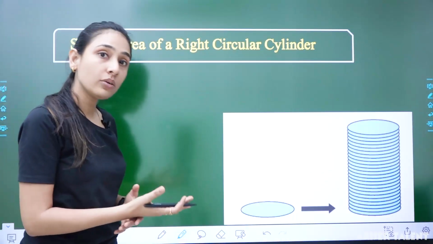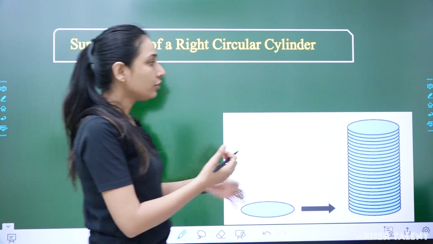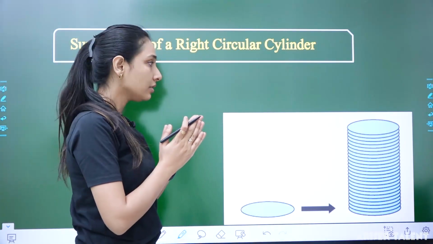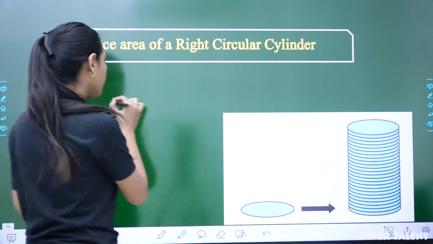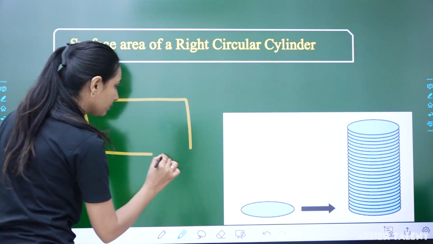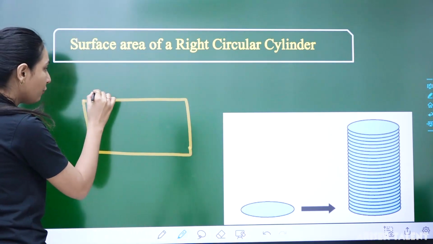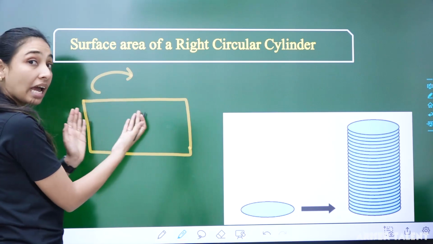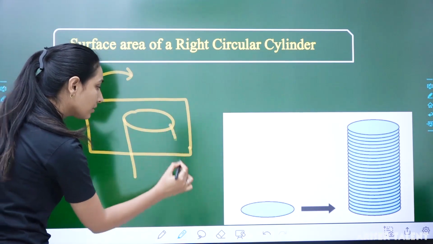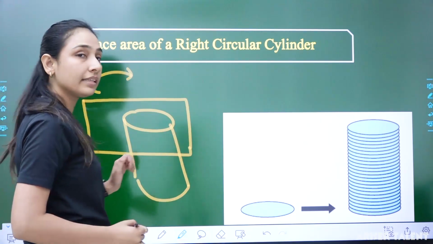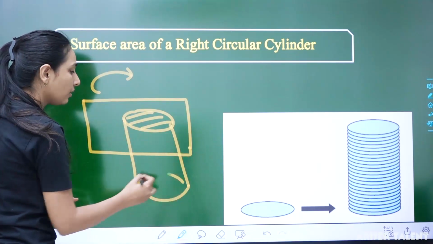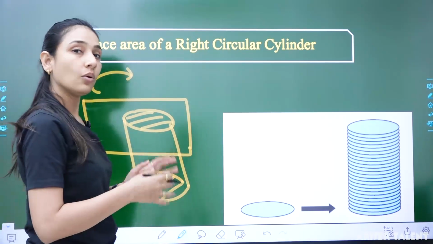Now how to find it out? What do you think, how can this cylinder be made? If I take a rectangular paper sheet and then fold it like this, it will become something like that, and that's what we are talking about, just that its upper and lower parts are open.